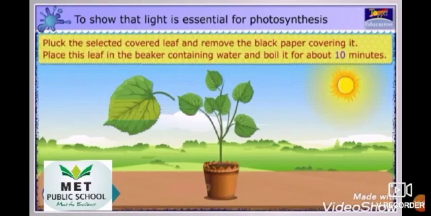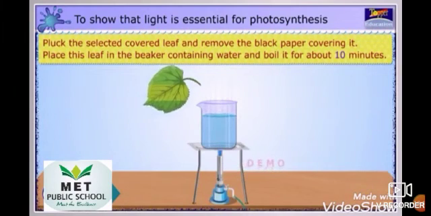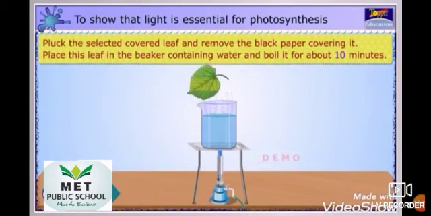Already you are seeing the color differences. Place this leaf in a beaker containing water and boil it for about 10 minutes. Why should we boil this? To do the starch test.